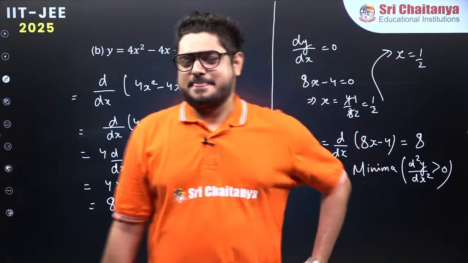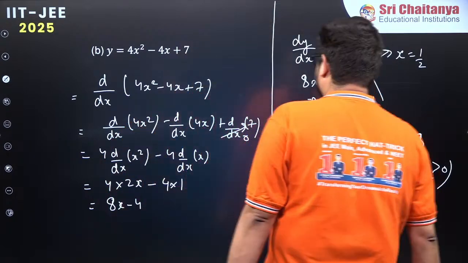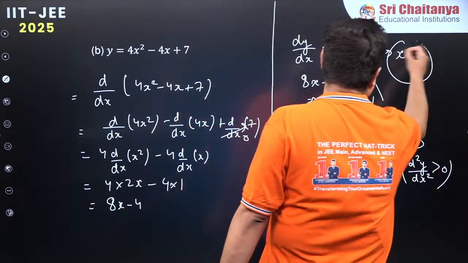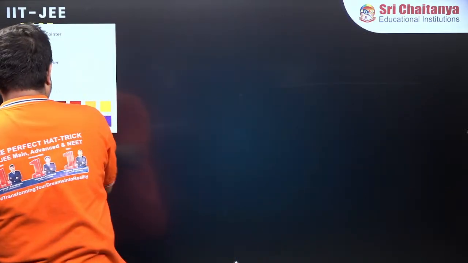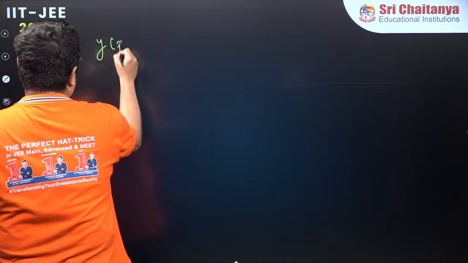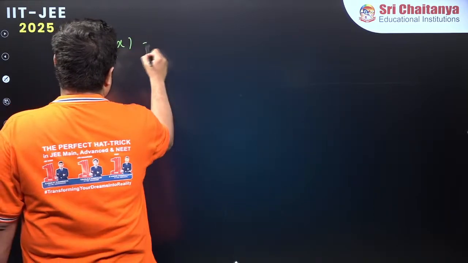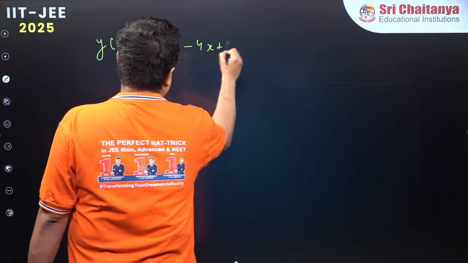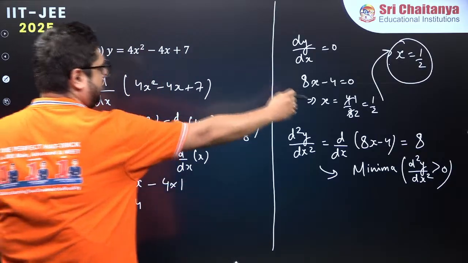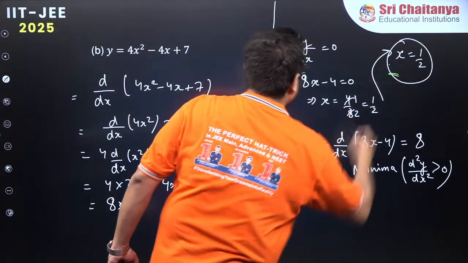Okay, let's try to see. That means we need to get this value and put it in the main function. So I will write down the function over here, which is y of x, given as 4x square minus 4x plus 7. What do I have to put? We need to put this value, x equals half, isn't it?